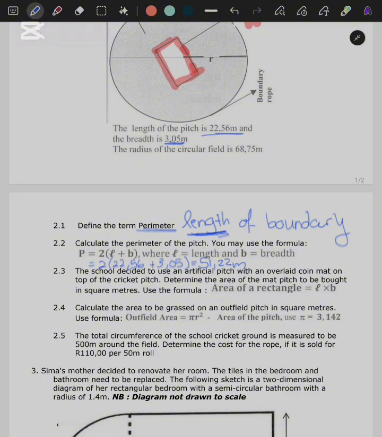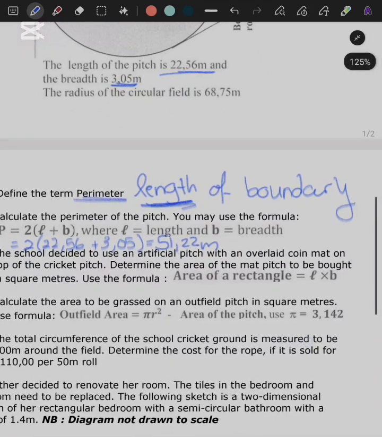And they give us our formula. So this time we're just going to use our formula and fill in the measurements. So we're going to say area is equal to our length of 22,56 times by 3,05.